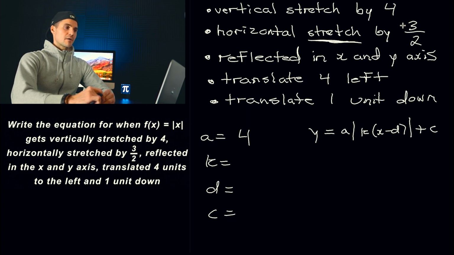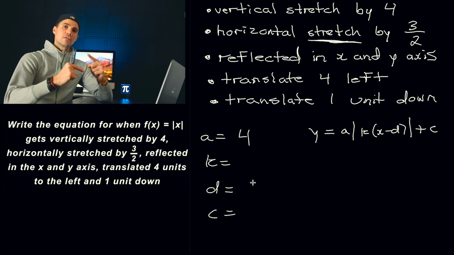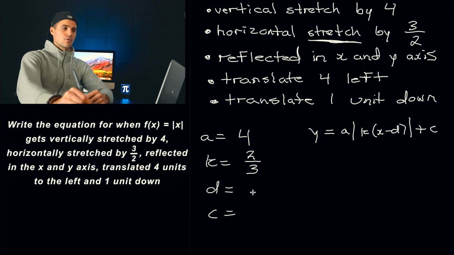So horizontal stretch by 3/2, we know that that's going to affect the k value, but remember, when you're taking the description or the factor of a horizontal stretch or compression, the corresponding k value is always going to be the reciprocal, right? So this 3/2 means the k value is going to be 2/3.